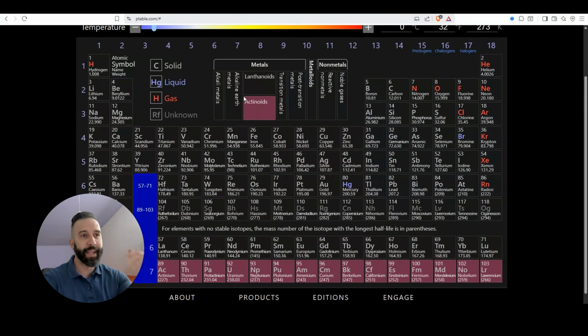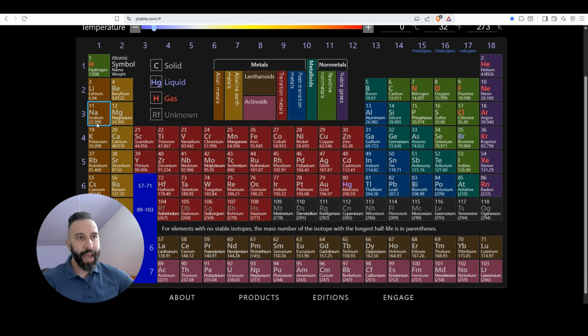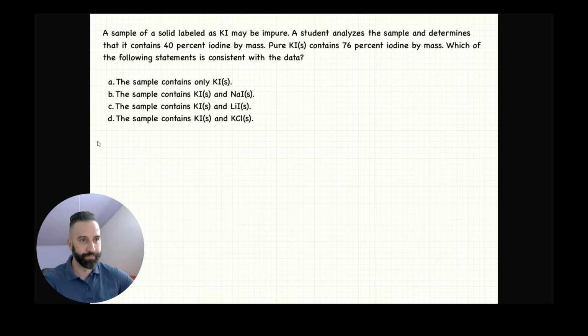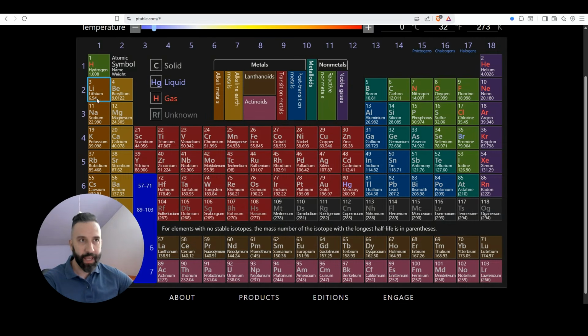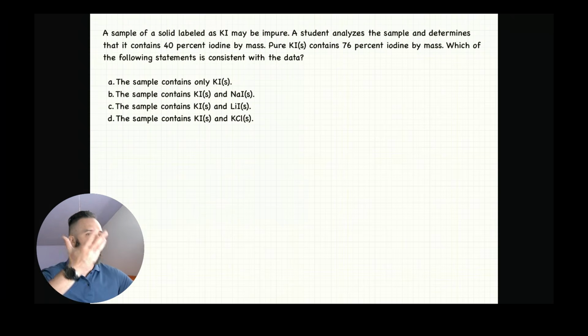Because as you're adding NaI, you're adding percentage-wise more iodine because Na has smaller mass than potassium, which you're comparing to. Okay, the sample contains KI and LiI. Again, Li has a smaller mass than K. So if you're adding LiI, you're basically increasing the percentage of iodine in the mixture.